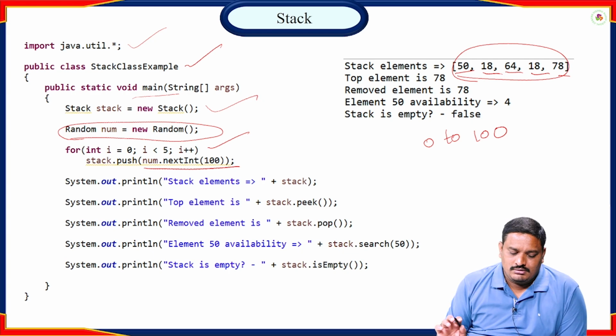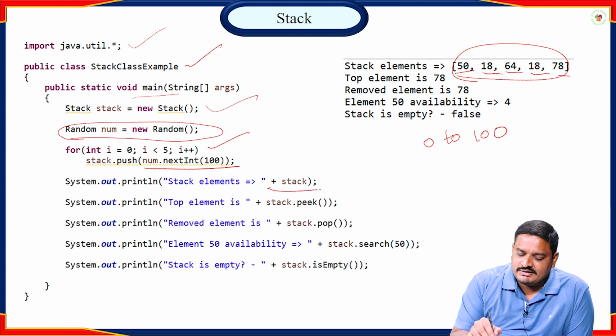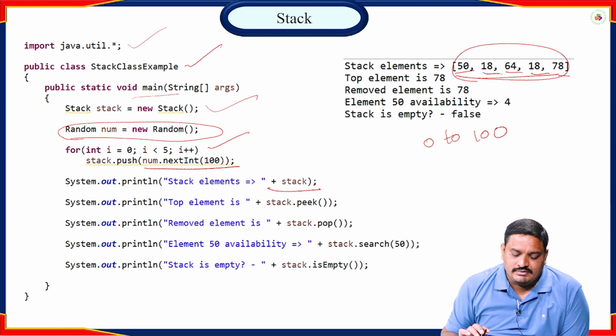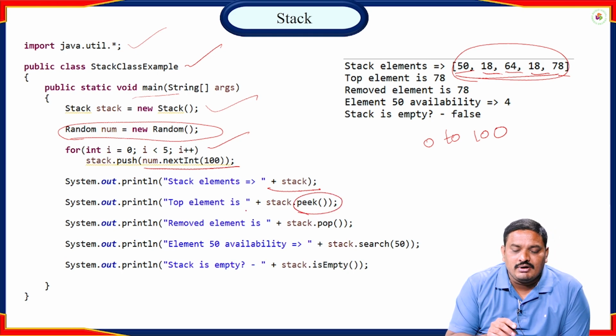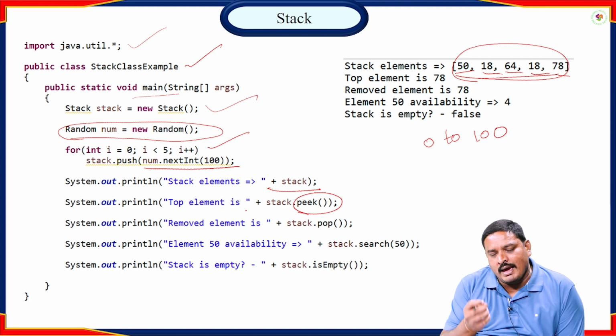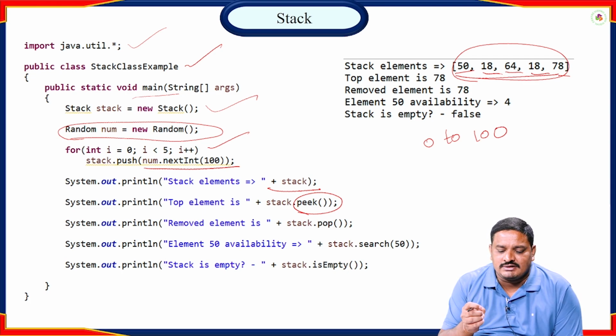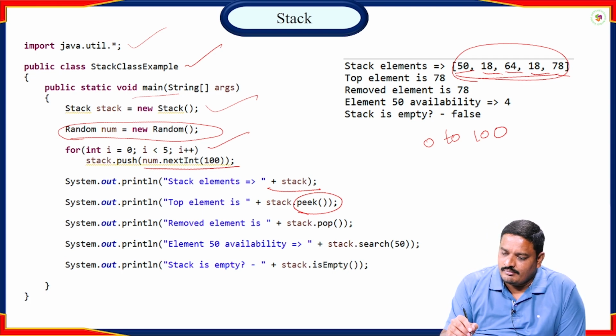Now, what is the stack? The stack elements are these. Okay, the peek method is there. System print top element will give the top element in the stack. Here, what are the elements?